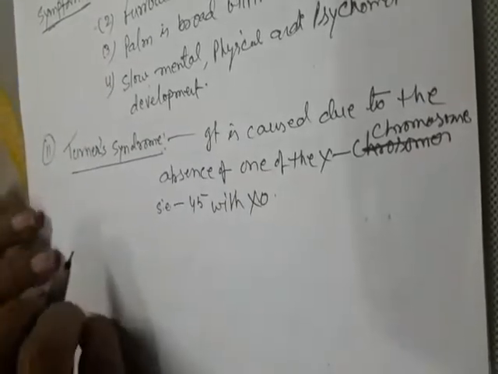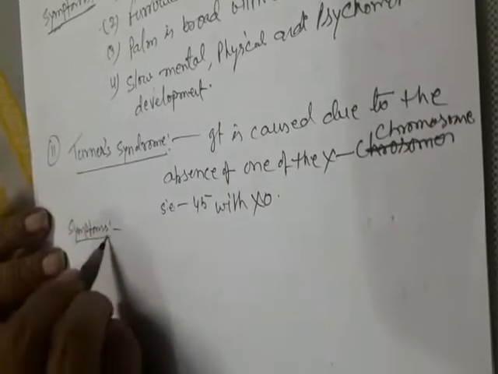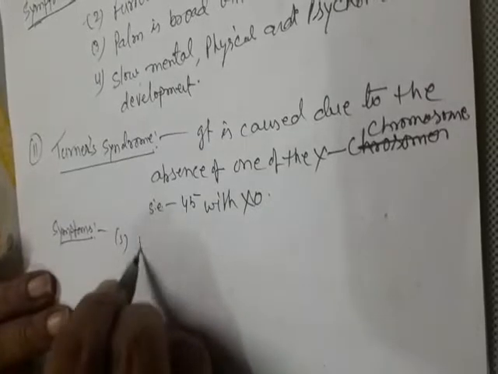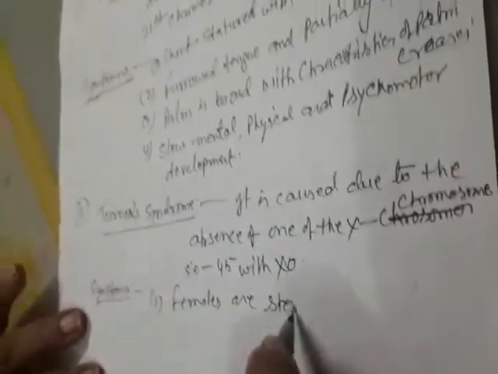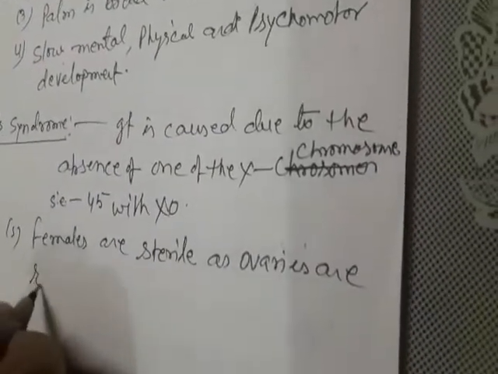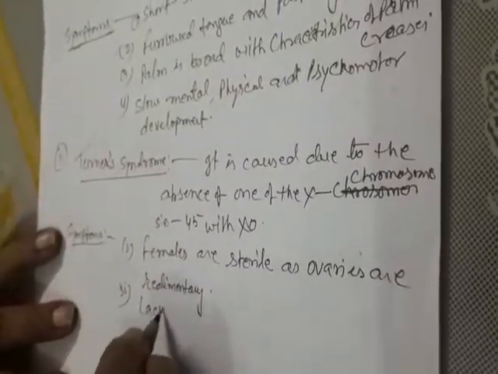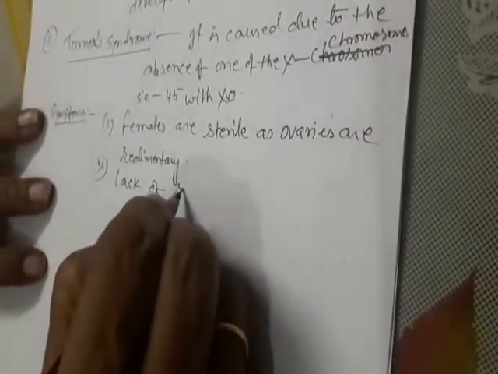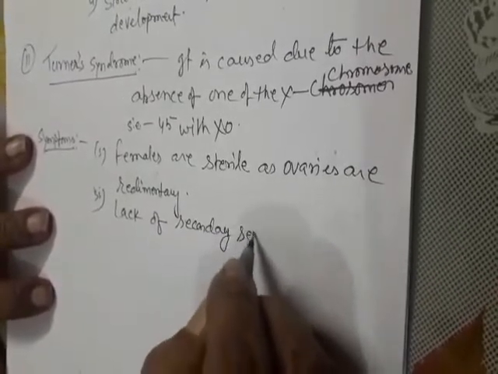Symptoms: females are sterile as ovaries are rudimentary. Lack of secondary sexual characters.